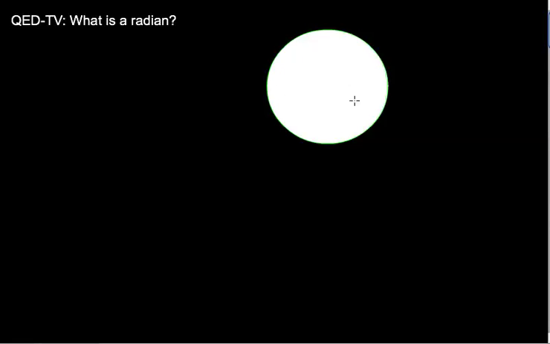Let's look at this circle here, and let's say that this is like a merry-go-round or something that we're looking down on that is rotating around like this. Let's say it's spinning, and there are people sitting on here. Here's the center, and there's a person here, and a person sitting on here.